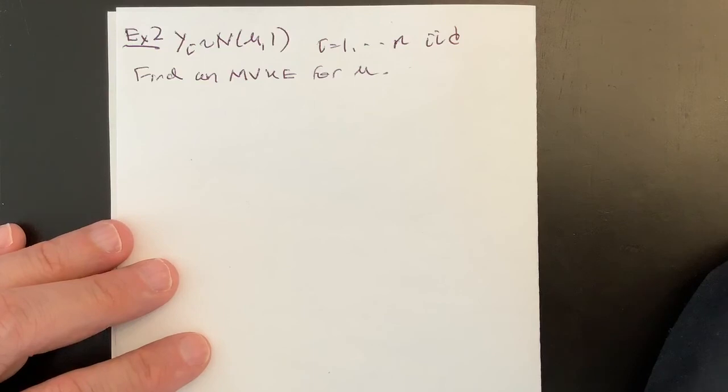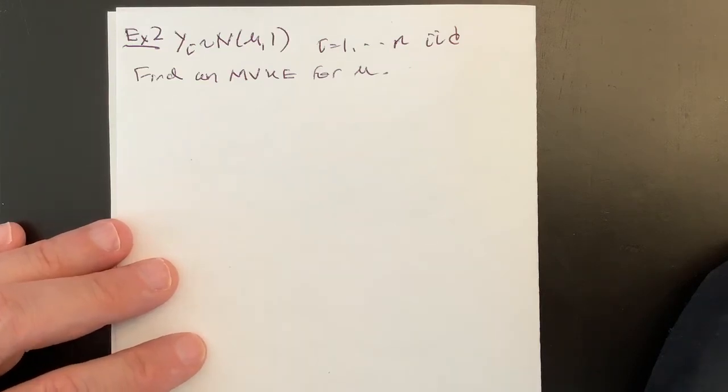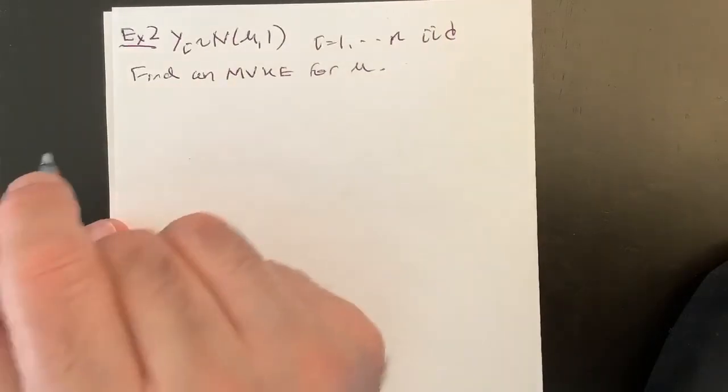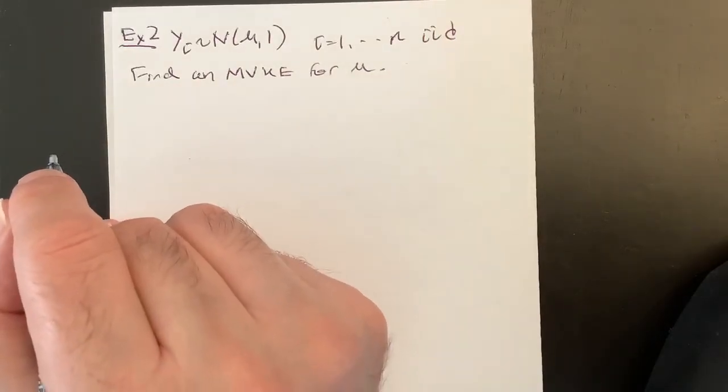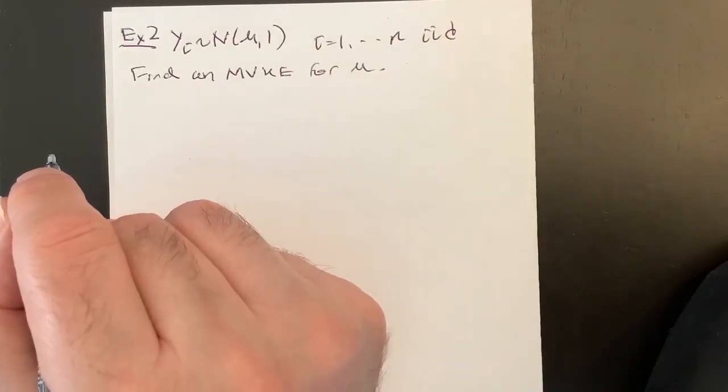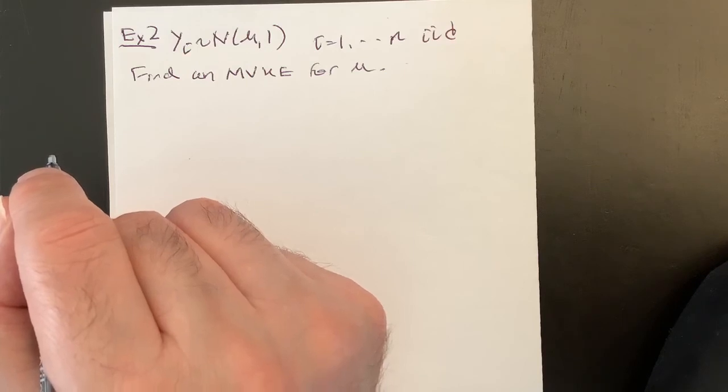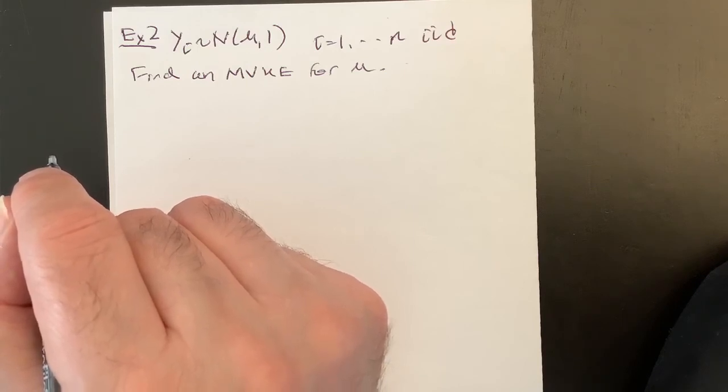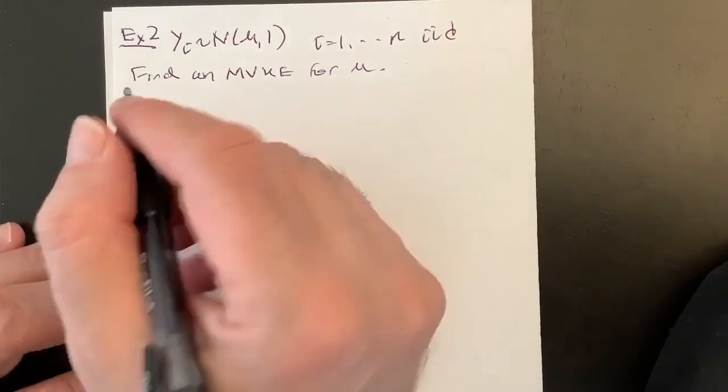Okay, well, same thing. We use the factorization criterion to get the sufficient statistic. You might remember a sufficient statistic, actually, but we can do it in one step.